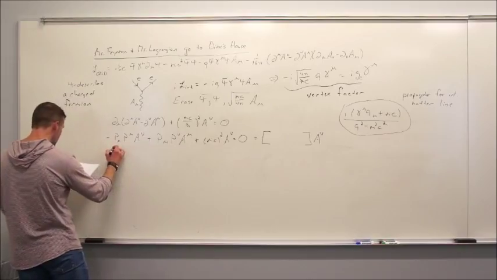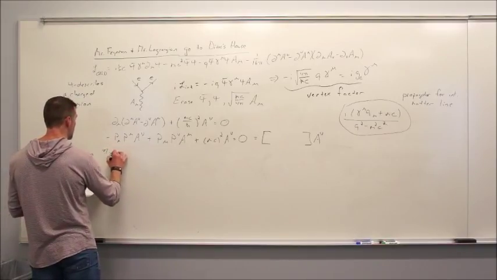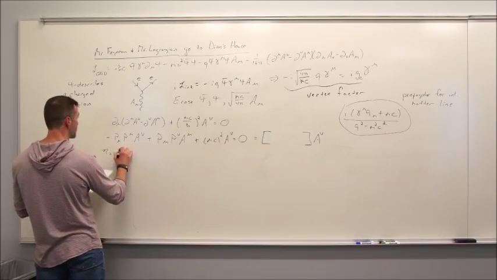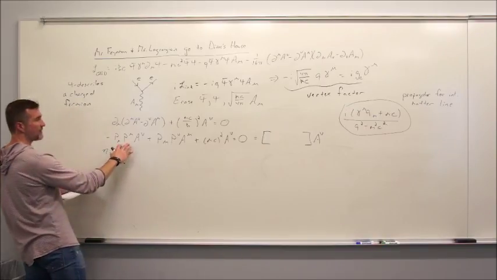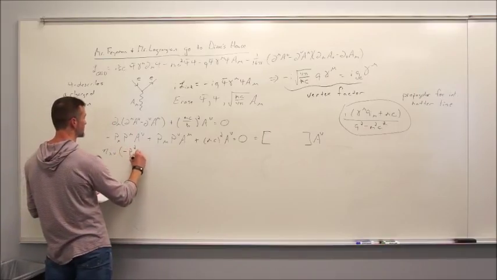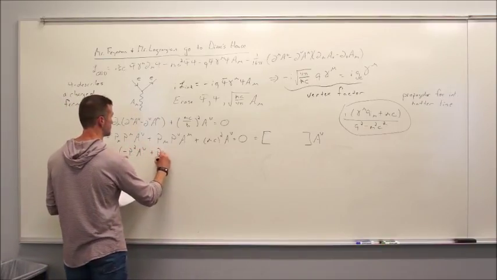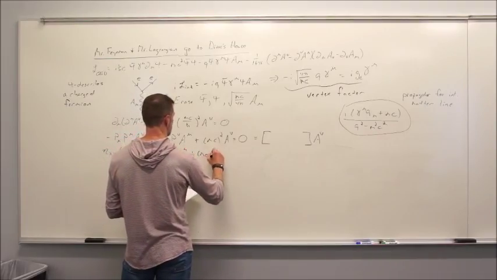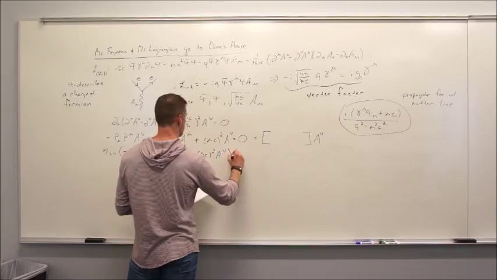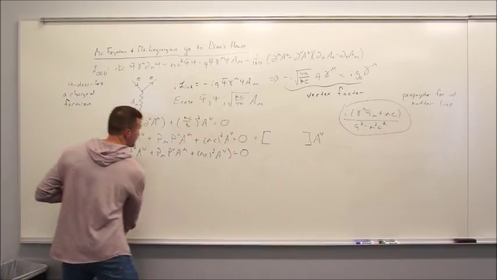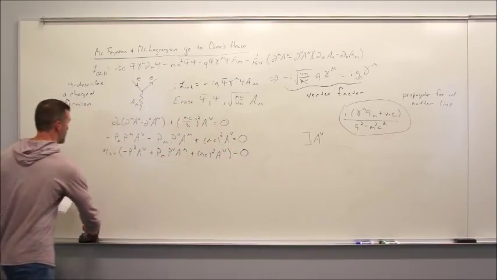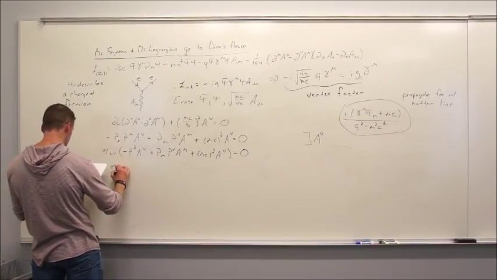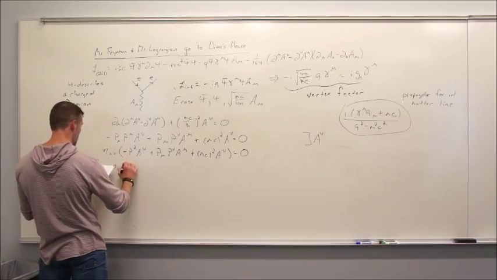So first I'm going to hit this whole thing with an eta lambda nu. And I'm going to just write p mu as minus p squared, because that's what it is. Okay? And then distributing that guy, I'm going to have eta lambda nu.